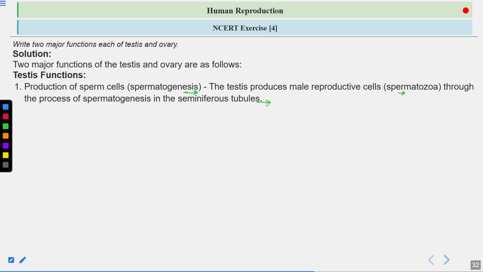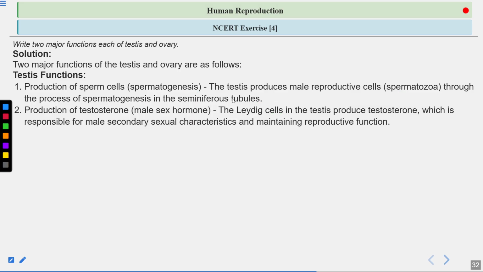So the testes produce the male reproductive cell known as the spermatozoa or sperm through the process of spermatogenesis, which occurs in the seminiferous tubule. Another role is production of testosterone, which is the male sex hormone. Testosterone is produced by the Leydig cells.